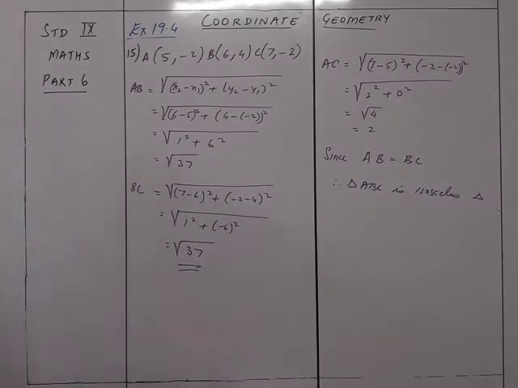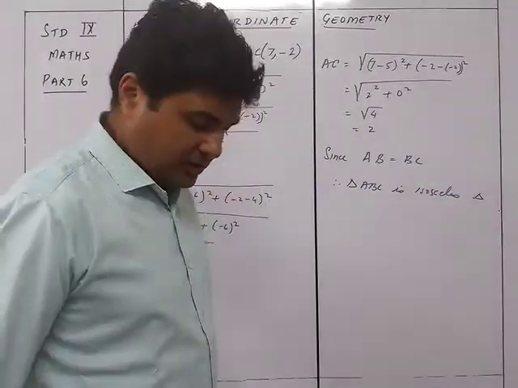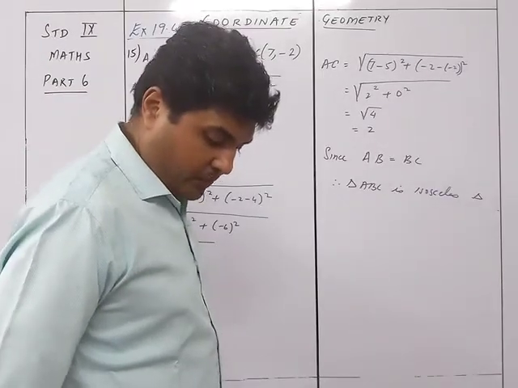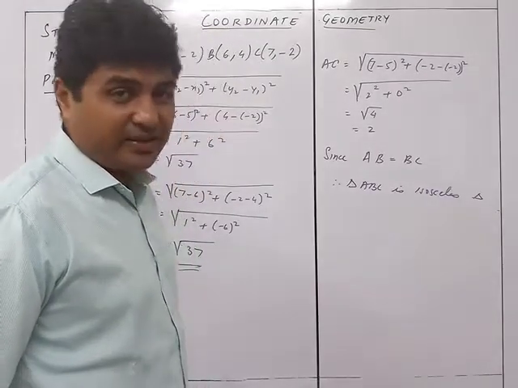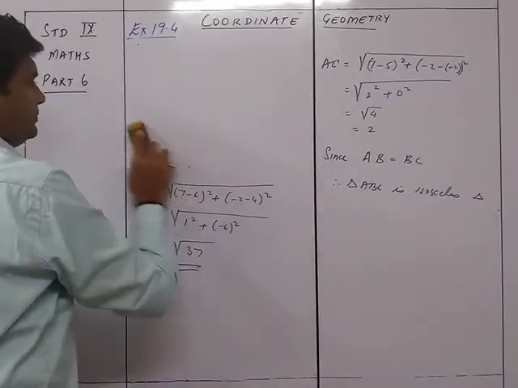Okay, that's easy, right? That's how you prove a triangle to be isosceles, by proving that two sides of the triangle are equal. We now move on to sum number 17, where you have 3 points and you have to find out whether it's an equilateral triangle.